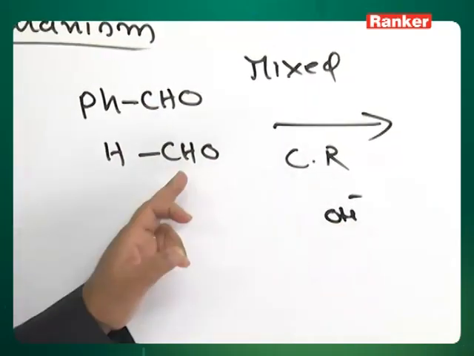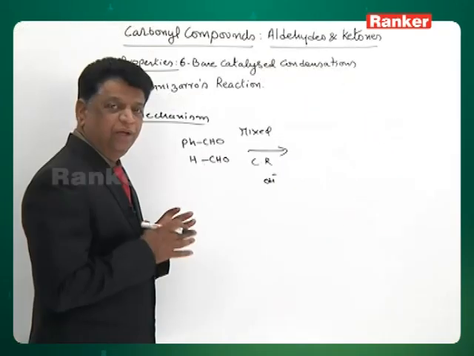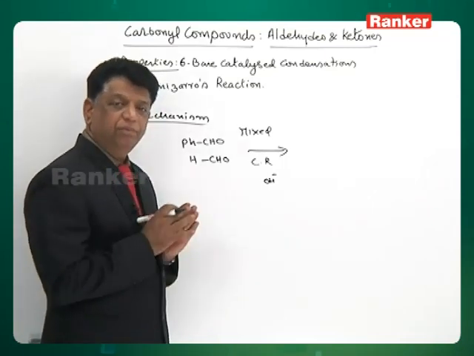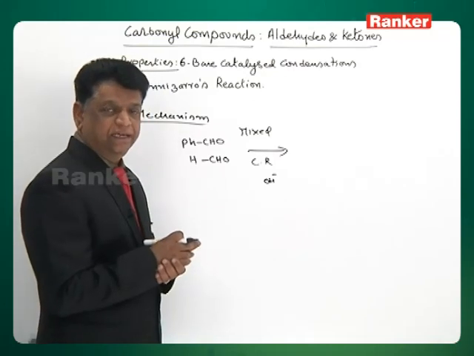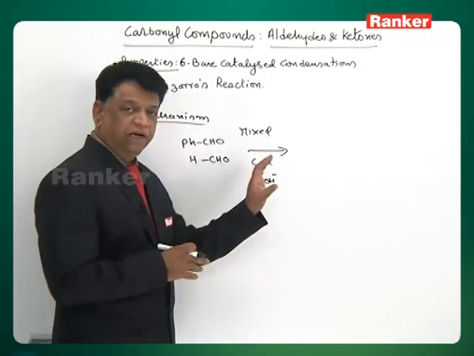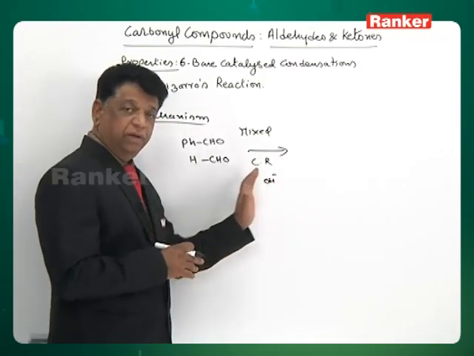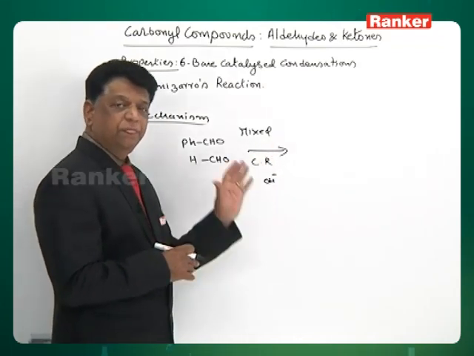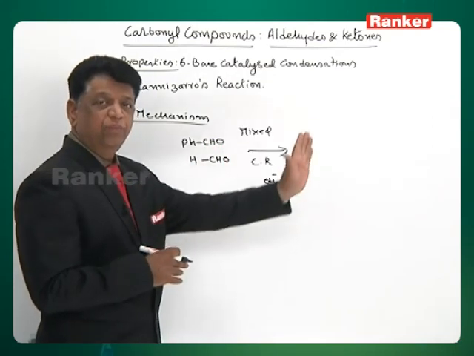Now, step 1 is a nucleophile attacking. We have already given some norms to recognize which is more reactive towards nucleophilic addition. I have given a big list: formaldehyde, acetaldehyde, benzaldehyde, all aldehydes come first, then ketones. In the ketones, acetone, acetophenone, benzophenone.